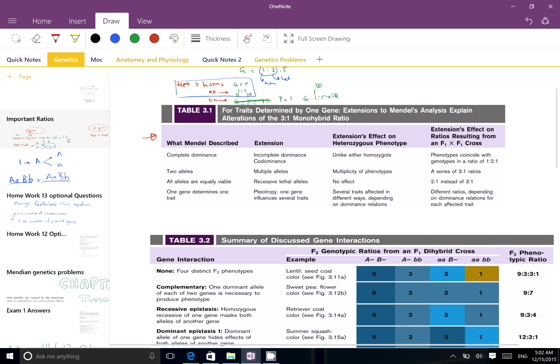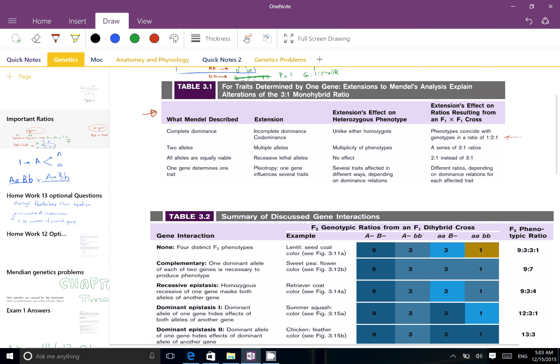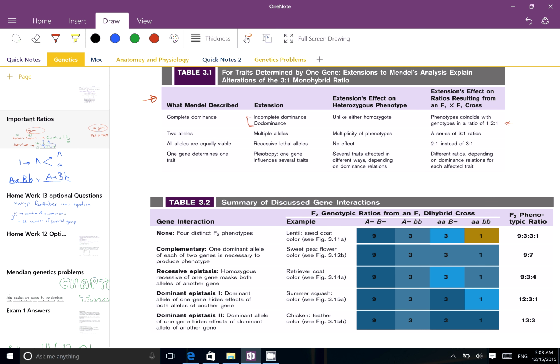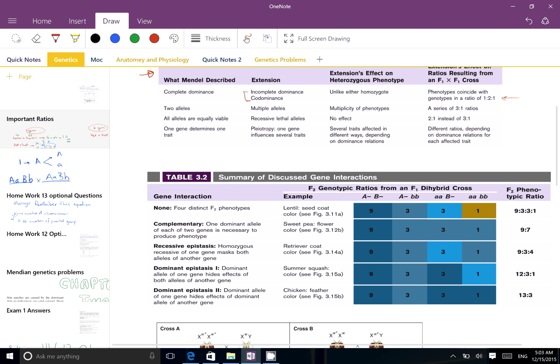It's in chapter 3, and it gives you on this side the phenotypic ratios resulting from those Mendelian extensions. When you have incomplete dominance or codominance, your phenotypic ratio is the same as your genotypic ratio, and it's 1 to 2 to 1. It also tells you about multiple alleles and recessive lethality. So just look at this table.